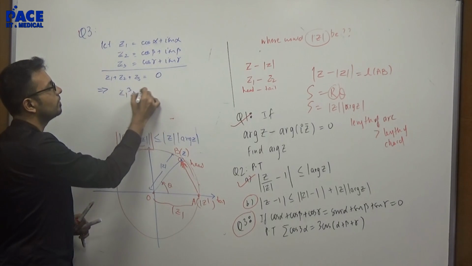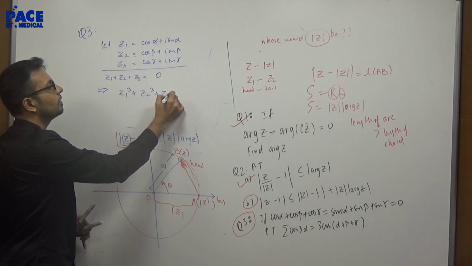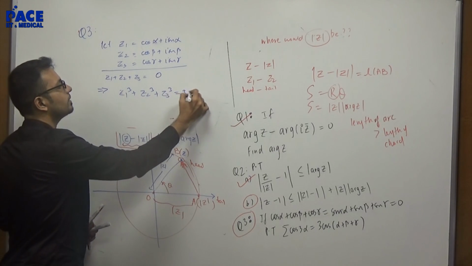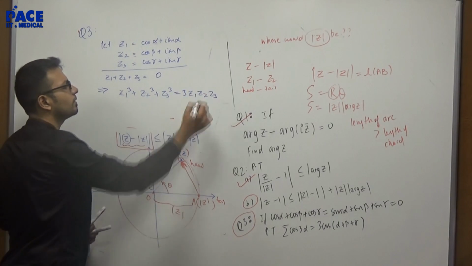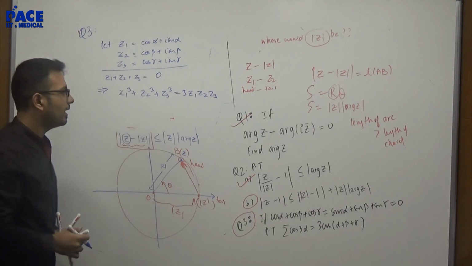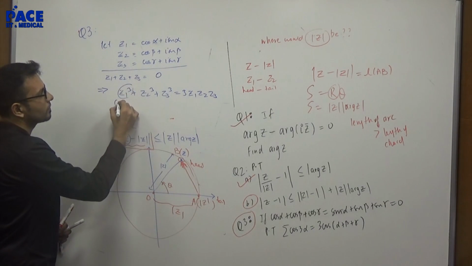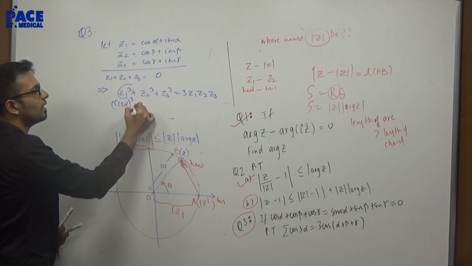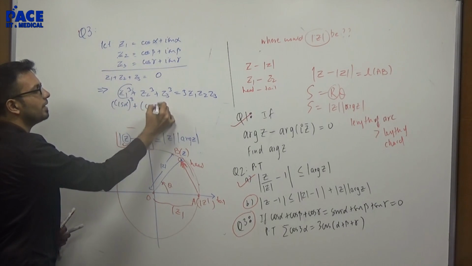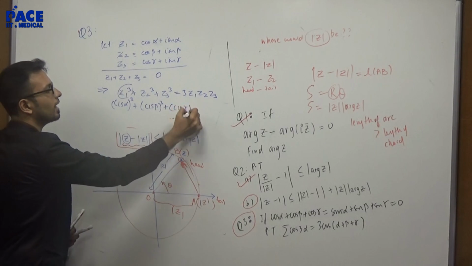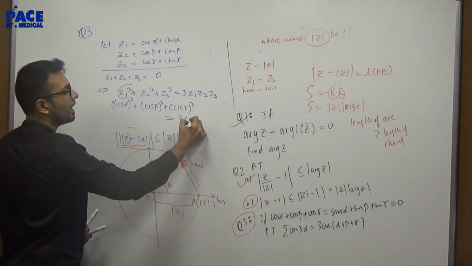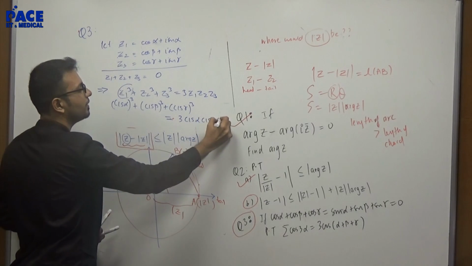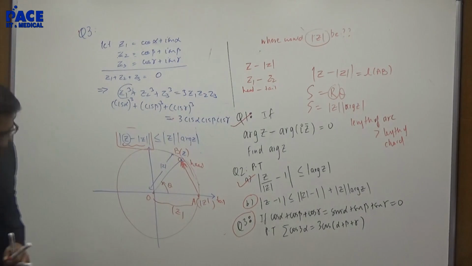Then z1 cube plus z2 cube plus z3 cube is 3abc. ये पता है? ठीक है? Now what is z1 cube? This is cis alpha, this is cis beta, this is cis gamma. Cis alpha cube, cis beta cube, cis gamma cube is 3 times cis alpha into cis beta into cis gamma.